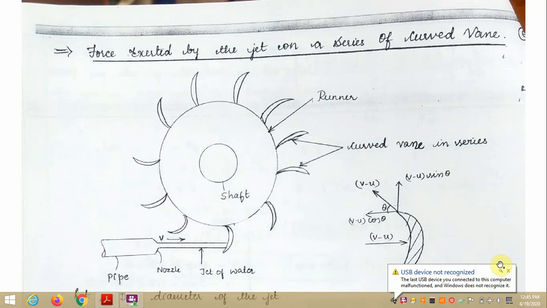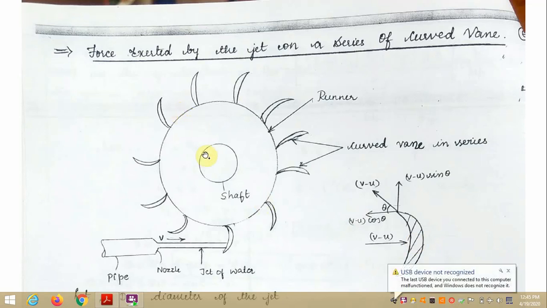In the previous session we studied the curved vane, but only a single one, and here we are studying a series of curved vanes.